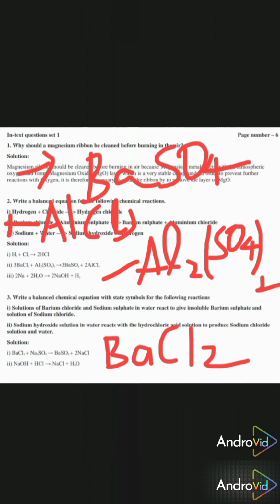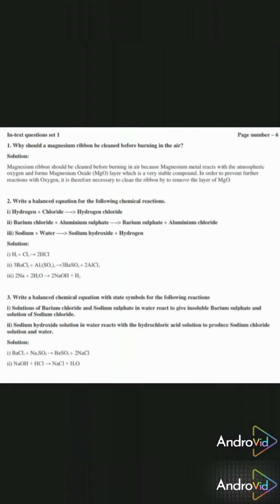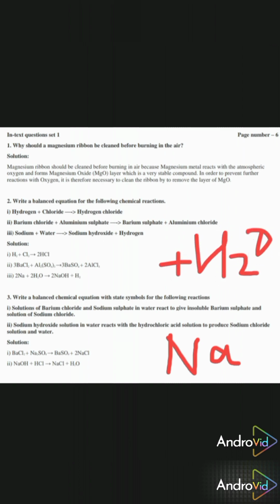Moving on. The third equation given here is sodium plus water would give sodium hydroxide plus hydrogen. So the sodium formula is Na. When Na reacts with water, that is H2O, it would give sodium hydroxide, that is NaOH, right?